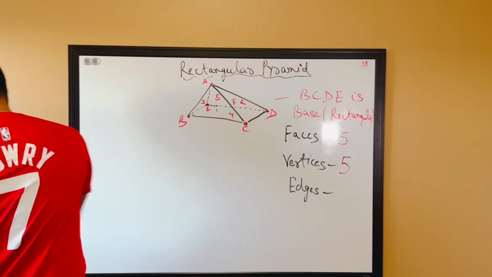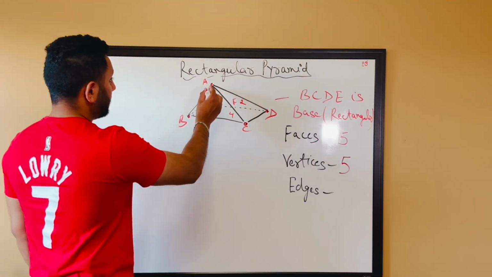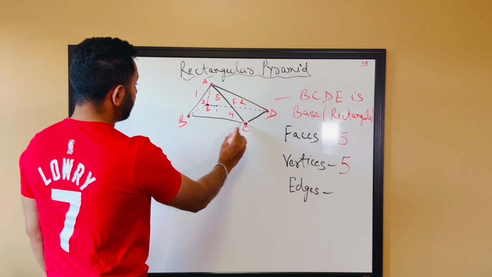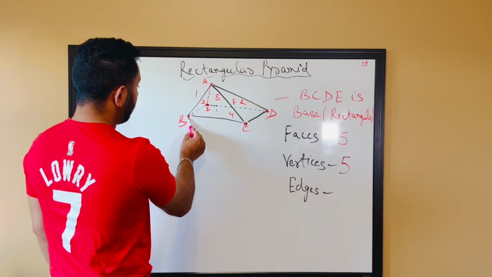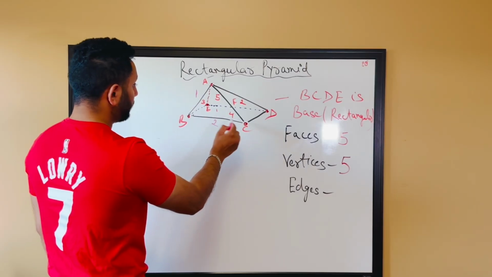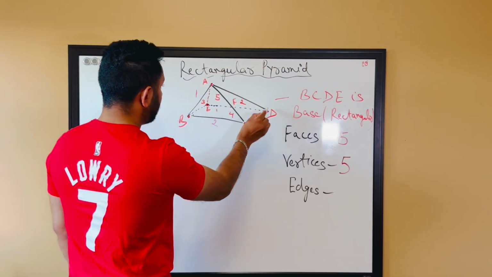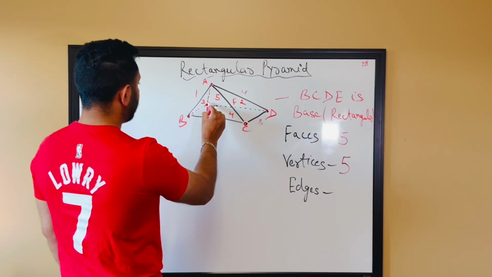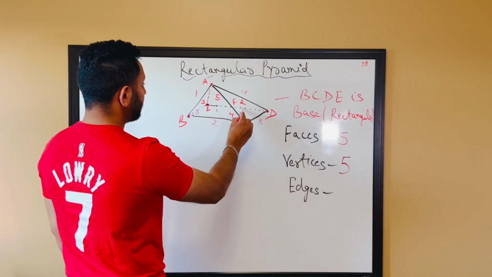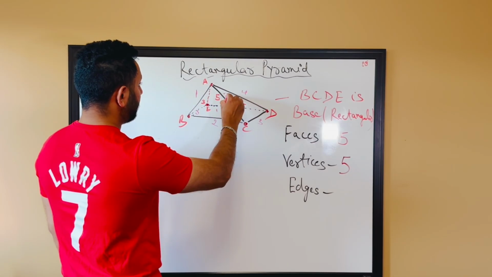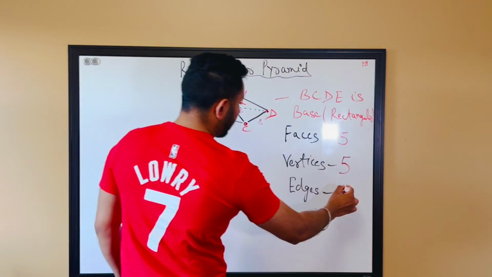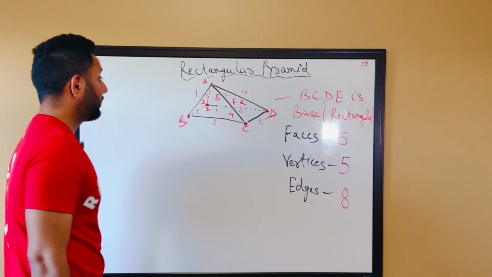So for example, AB is the edge, so 1, and BC is also an edge, like B vertex and C vertex, and the line that connects these two vertices is the edge. So 2, 3, 4, and this BE 5, and this ED 6, and AC 7, and AE 8. So there are 8 edges of a rectangular pyramid.